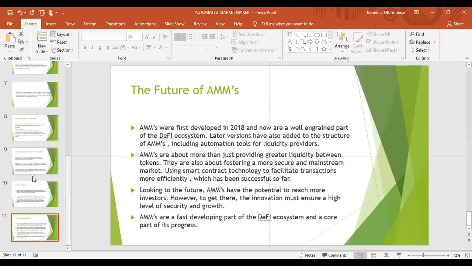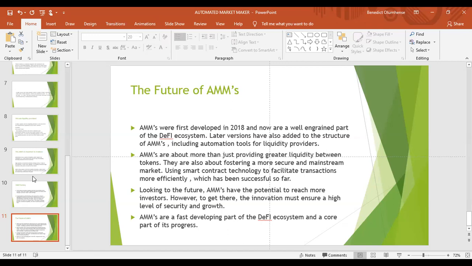So what's the future of AMMs, right? This system was first developed in 2018, and it is a well ingrained part of the DeFi ecosystem. Now, the latest versions of AMMs have included automation tools for liquidity providers, which you can see generally from organizations like PancakeSwap and that sort of thing.